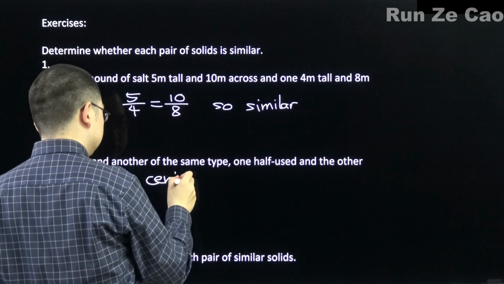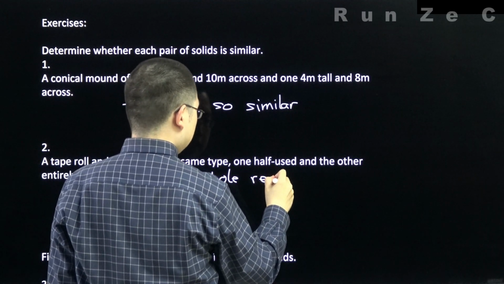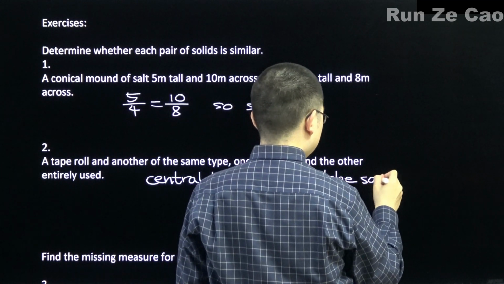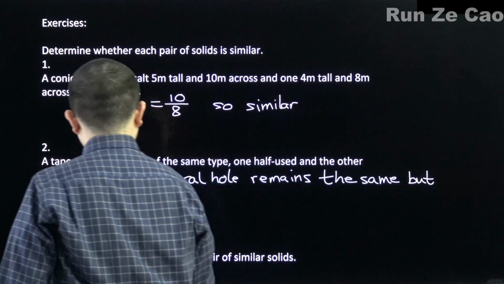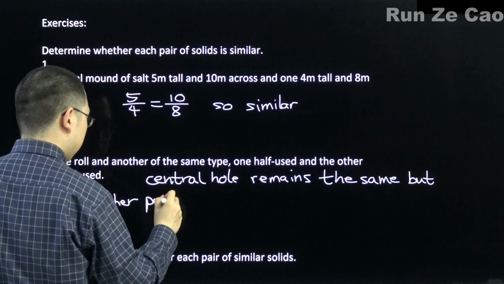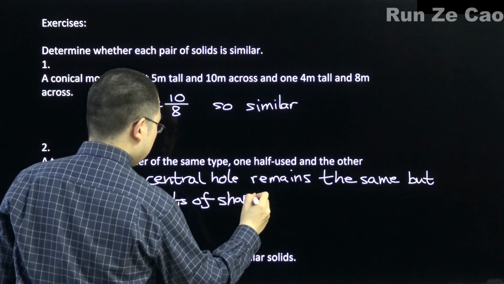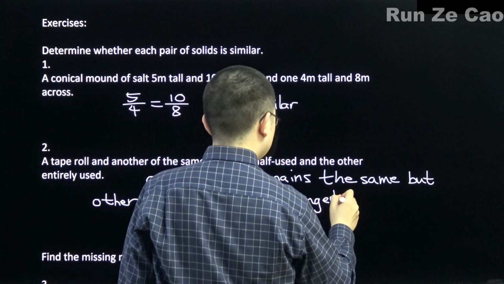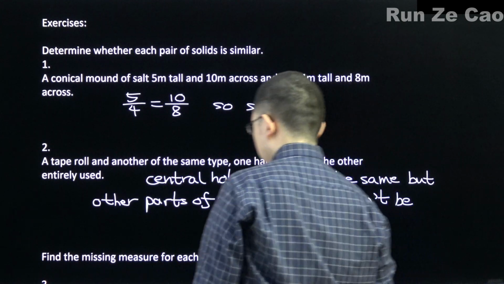While the central hole remains the same, other parts of the shape changed. So it can't be similar.